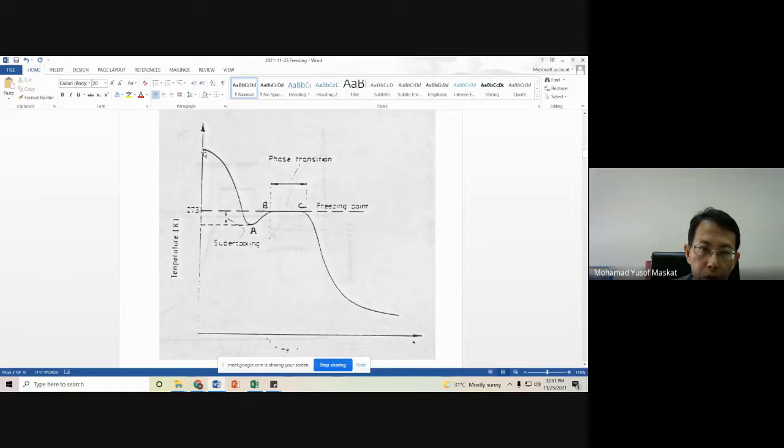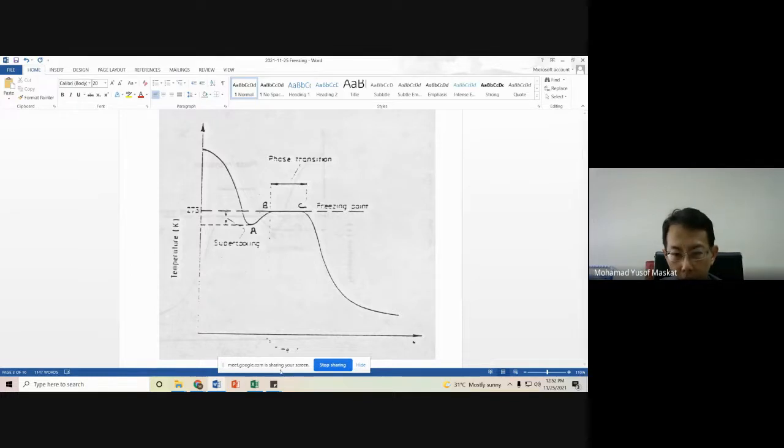When we reduce the temperature, the temperature of water will decrease, and then at this point it will stop decreasing. When we further reduce the enthalpy or the heat, the temperature will start to increase even though we are reducing the enthalpy. Then it will plateau or level off and become constant.